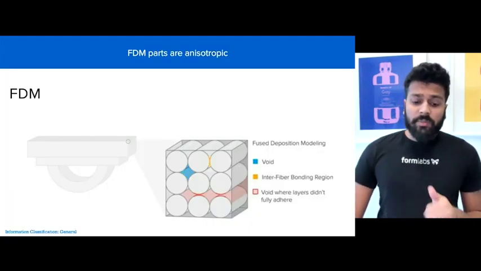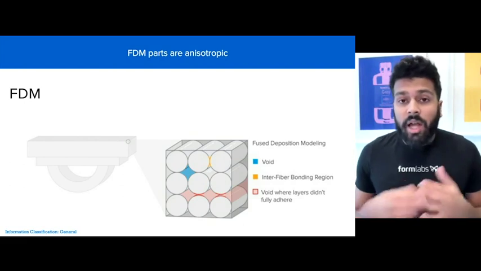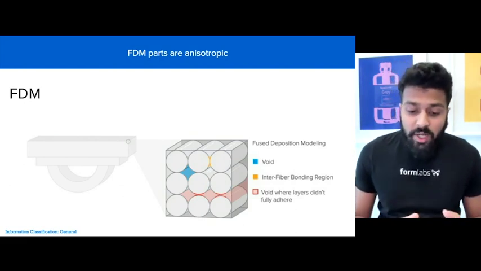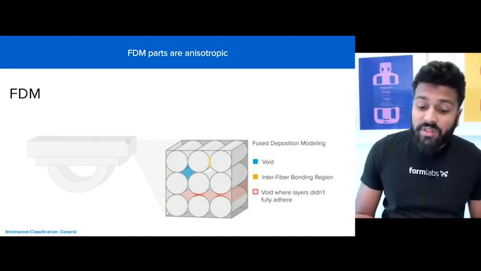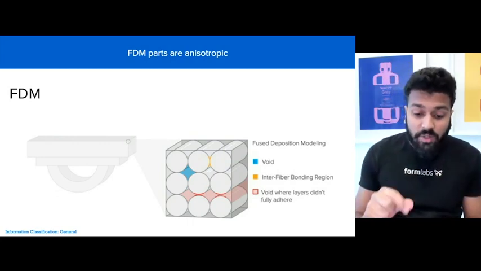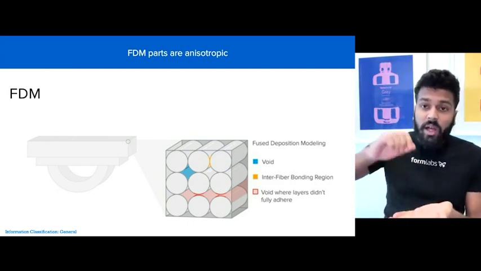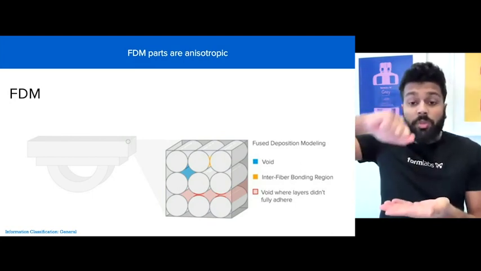Let's look at some disadvantages. Generally, FDM parts are going to be non-isotropic. Here's a diagram diving into this concept. You can see some voids, some interfiber bonding regions, and voids where layers don't fully adhere. Those are the red zones. If you think about the layers you're depositing in that print process, sometimes those layers will not register properly.